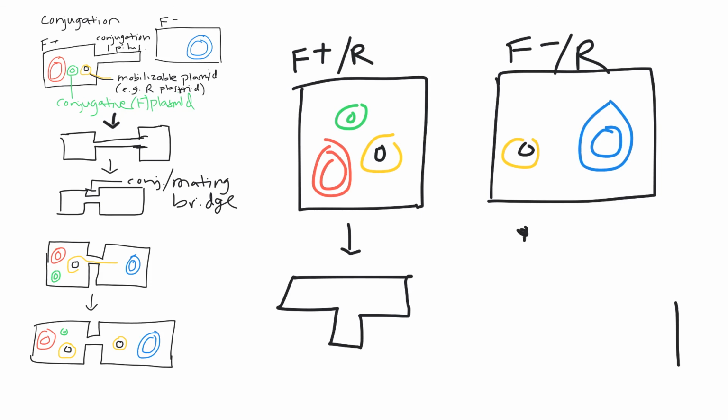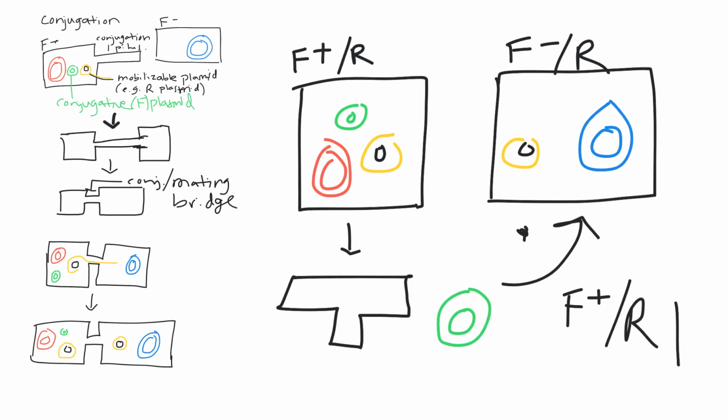This one, the way it is now, can't spread this resistance factor. However, if a bacterium with a fertility factor were to conjugate with it and pass on this fertility plasmid, the F plasmid, then you get that cell turning into an F plus cell with the resistance plasmid. Then it could make the conjugation or sex pilus and be able to transfer that antibiotic resistance.